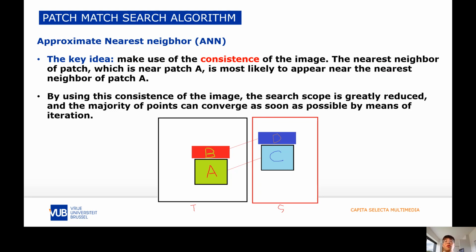So a global search is not needed. For example, in this figure, if the corresponding block patch D of patch B is found in the target image, then the corresponding block of patch A is likely to be patch B.